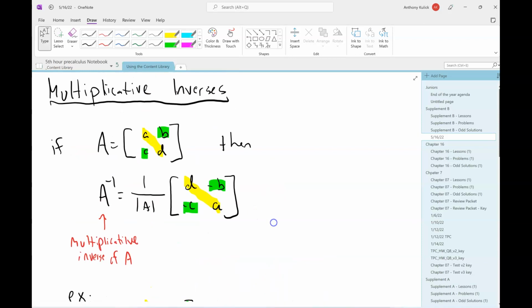Let's go back and look at the formula here for a moment. Where could this fail? Where could we get in trouble? What could happen so that the inverse wouldn't exist?